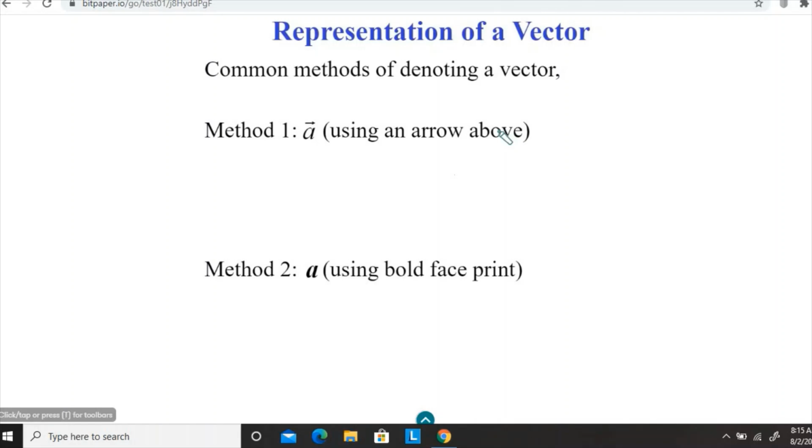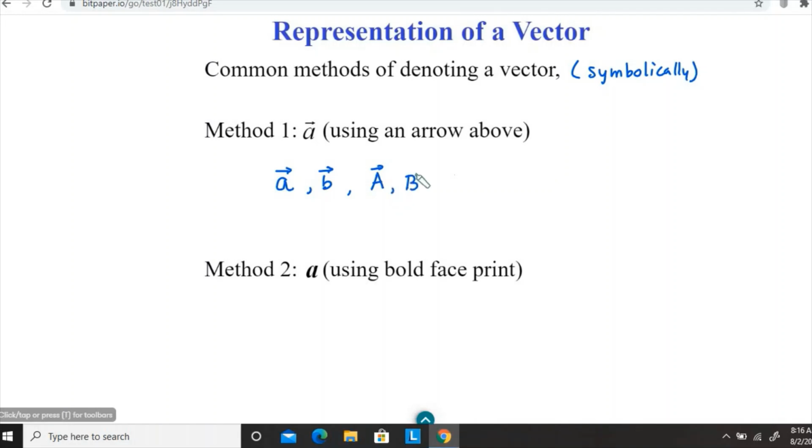Okay, now let's look at how to represent a vector. First, let's see how we represent them symbolically. We use a letter, and on top of that letter, we put an arrow. It could be a lowercase letter like this, or it can be an uppercase letter.